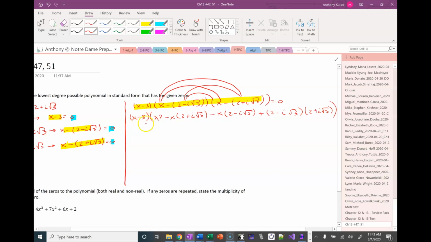Okay. So now I'm going to distribute my x here. So remember there's a negative sign in front of that x, so I have to make sure I'm taking that negative with me. And I'm going to distribute this x here. Again, that's a negative in front of it, so I got to make sure I take that with me.